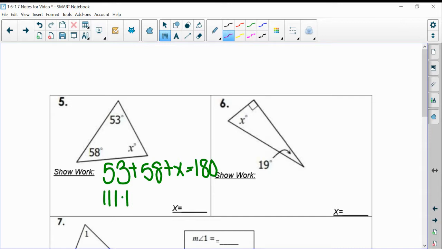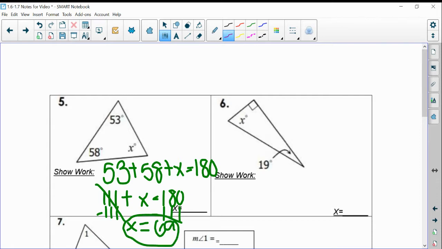So 111 plus x equals 180. We know to get rid of that, we subtract. And x is going to be equal to 69. So we can say x is 69. Did you get that right?